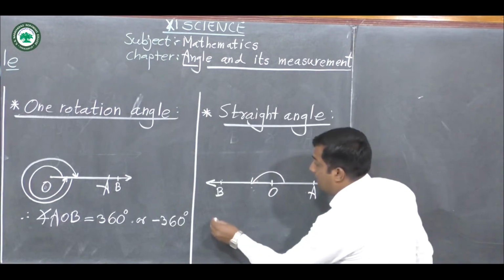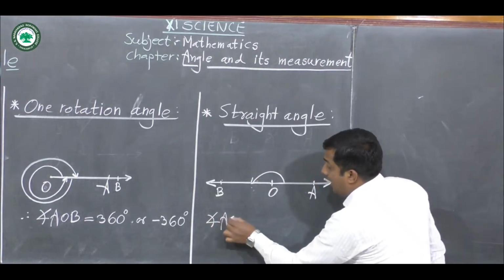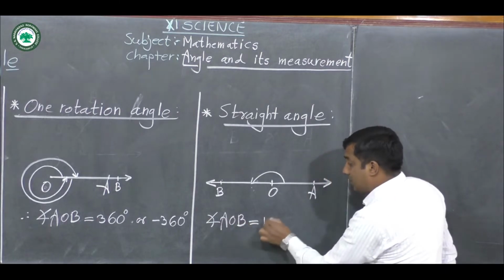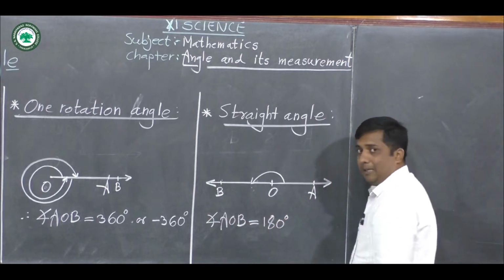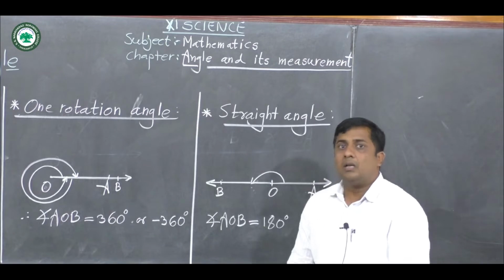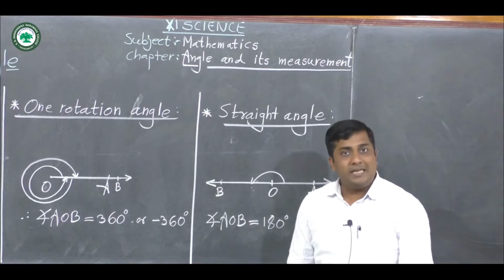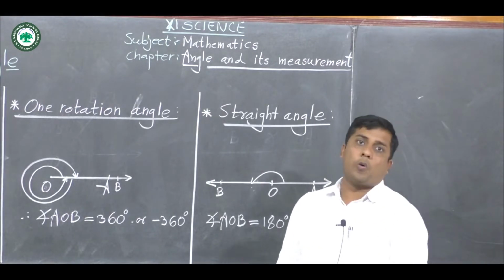In this figure, the measure of angle AOB is 180 degree. For a straight angle, we consider 180 degree if rotation is anti-clockwise.